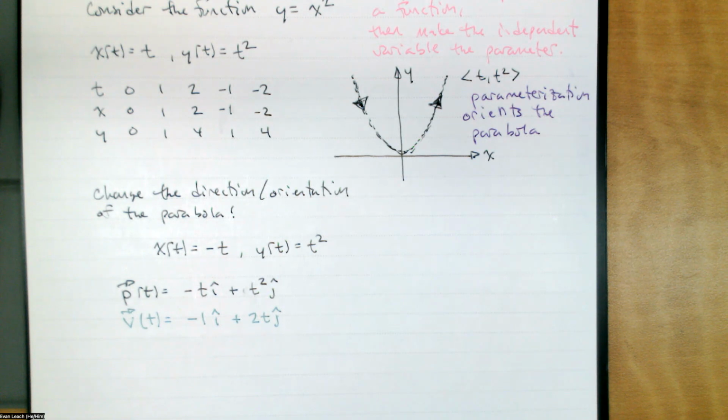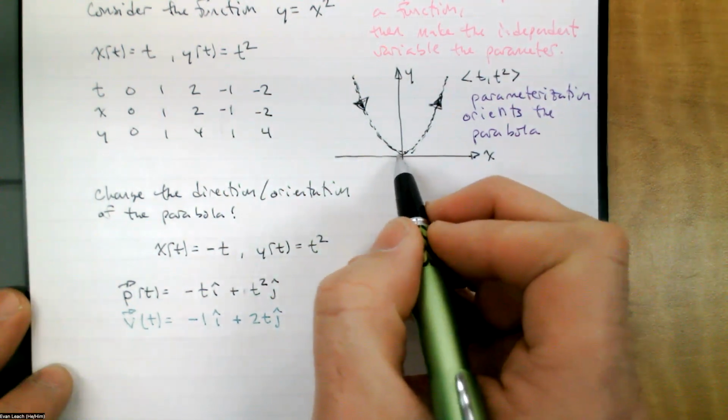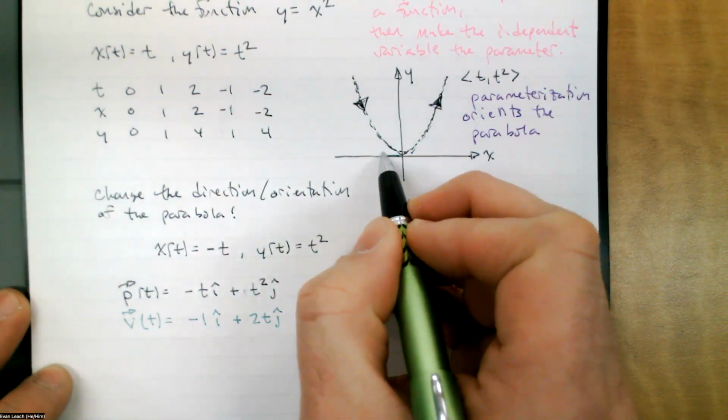So our velocity is -1 i plus 2t times j. We're not surprised that our velocity is constant in the x direction because we just parameterized the function. But if we look at this at various points, v of 0 is going to be -1, 0, tangent to the curve.